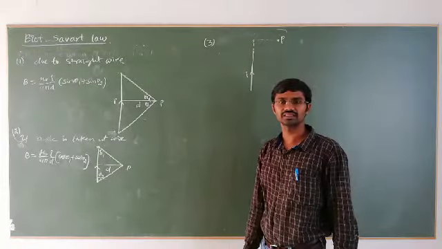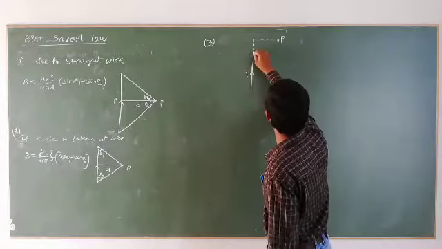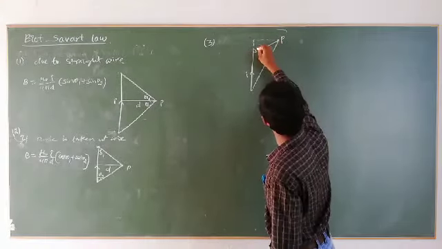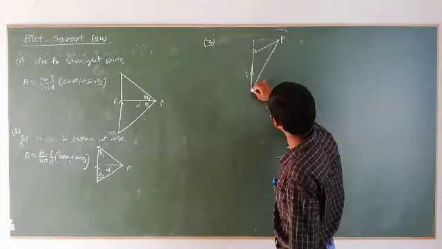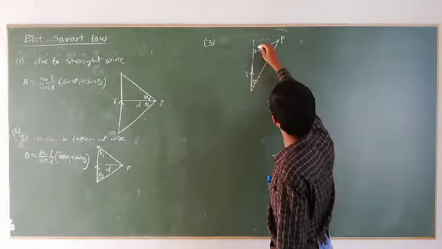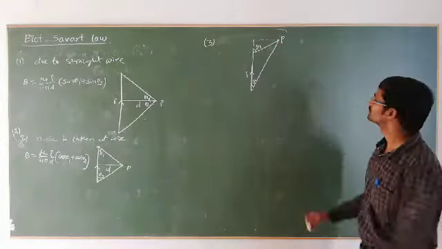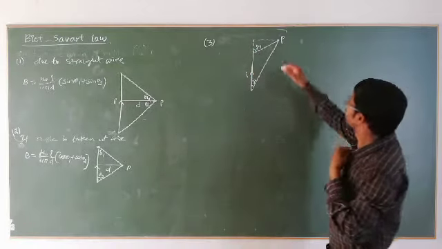See that if this angle, making outside, is theta 1 and this angle is theta 2, are you clear? So this is theta 1 and this is theta 2.